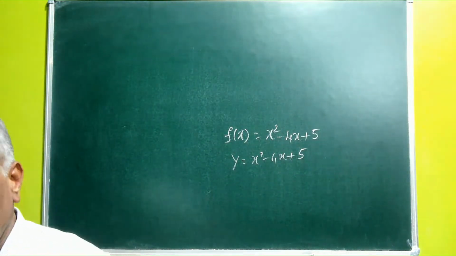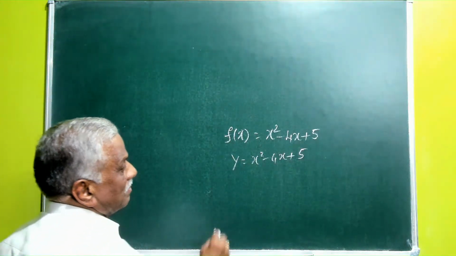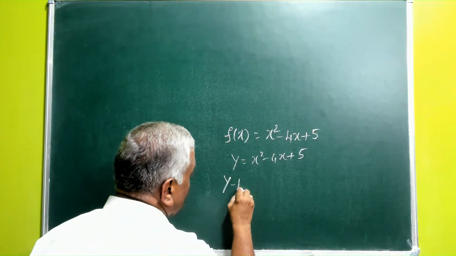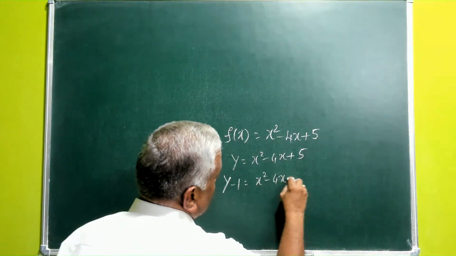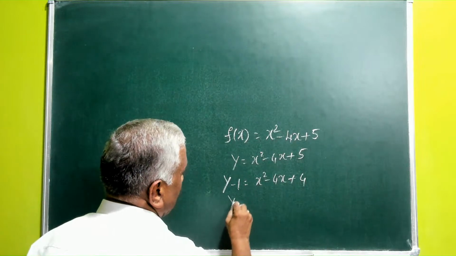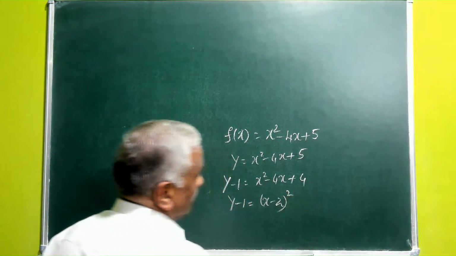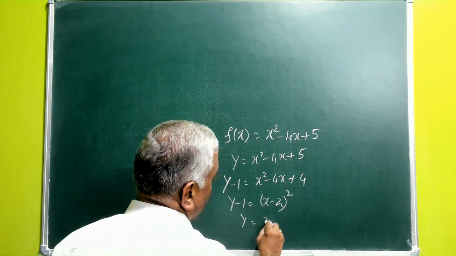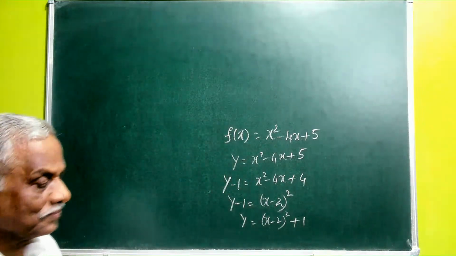Now, you cannot factorize this, so you have to play some games. You have to write it in such a way that it is possible to factorize. So you can write this as x square minus 4x plus 4, or y minus 1 is equal to x minus 2 whole square. So y is equal to x minus 2 whole square plus 1.